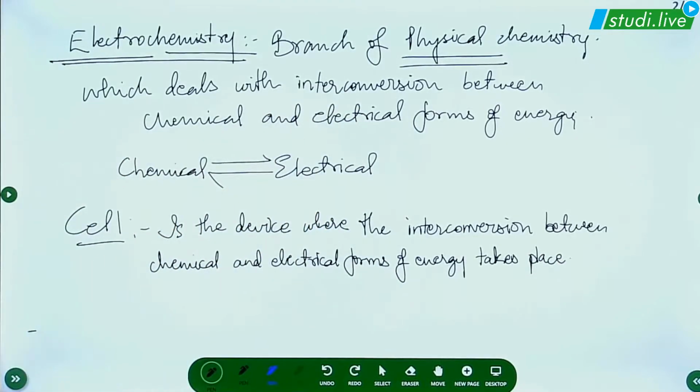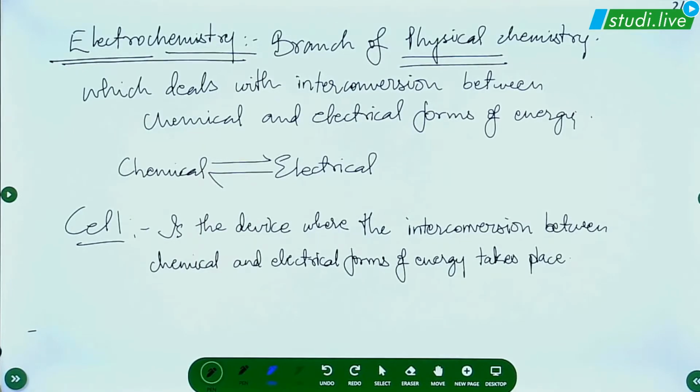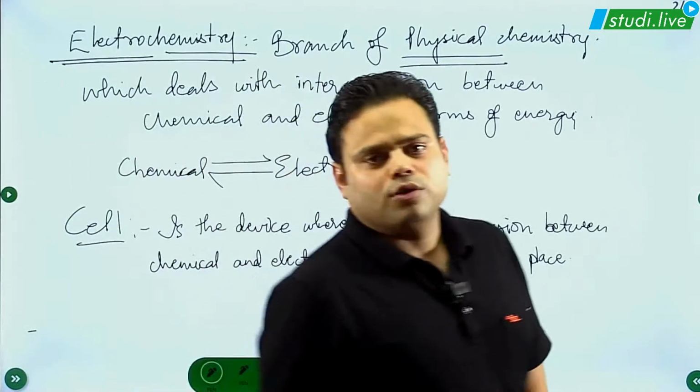So the device where this interconversion takes place is called a cell. Is this clear to everyone? So far, are the things clear?